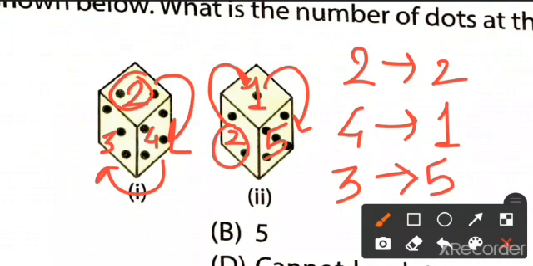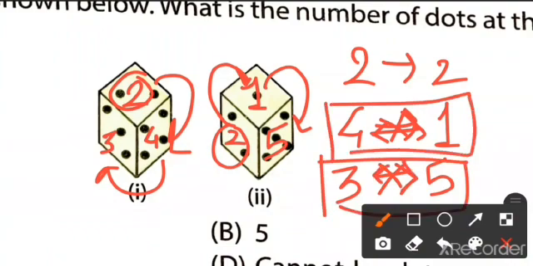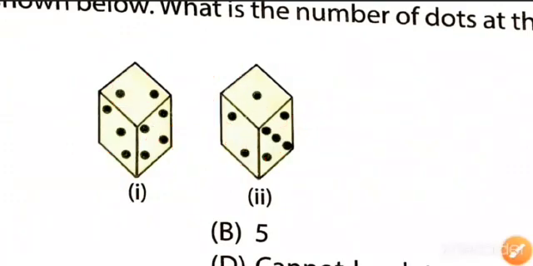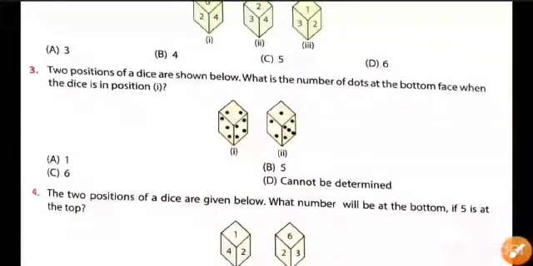So from here you can see the opposite of 4 is 1, the opposite of 3 is 5. These are the opposites, and at the last, what number is remaining? 2, and what is remaining? 6.